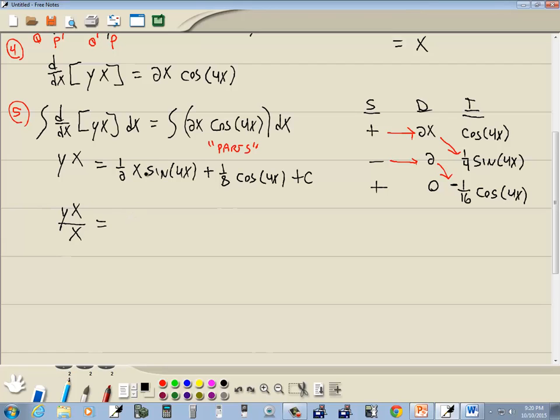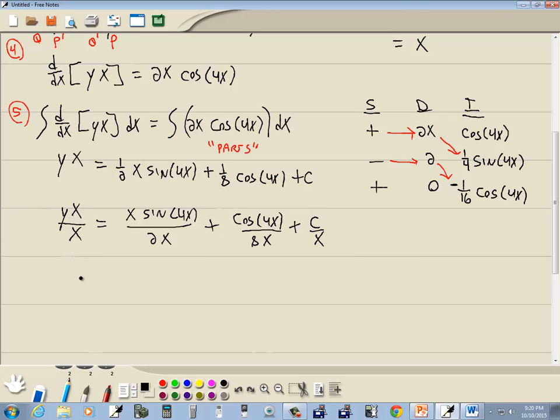And here I'm going to put these on top. So I got x sine 4x over 2, and then we're dividing by x, so I put an x down there. Plus, I'll put the cosine 4x up on top, got the 8 down here, and divide by x, so put an x down here. Plus c divided by x.